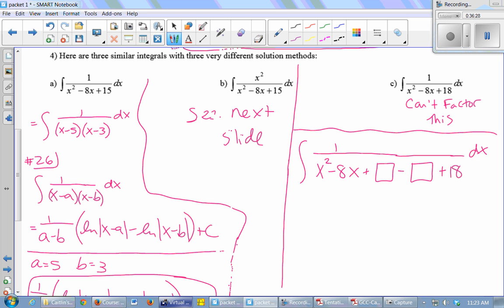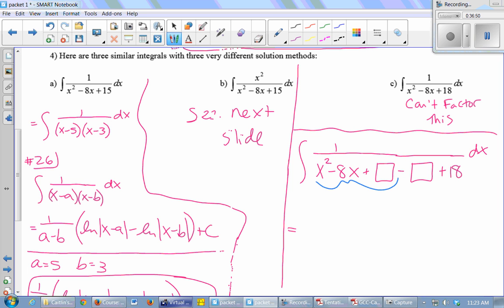I'm just going to change its form. The thing I add, I'm going to choose strategically so that that trinomial, x squared minus 8x plus something, factors to a perfect square binomial.